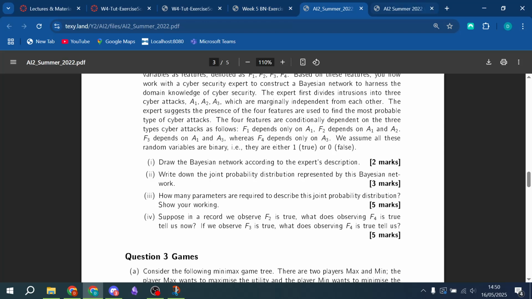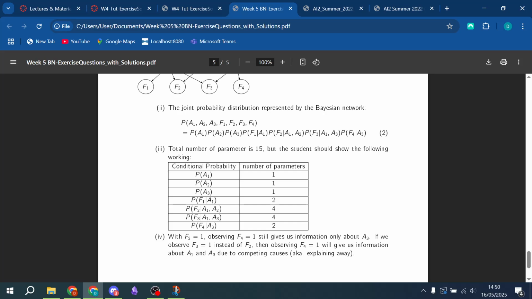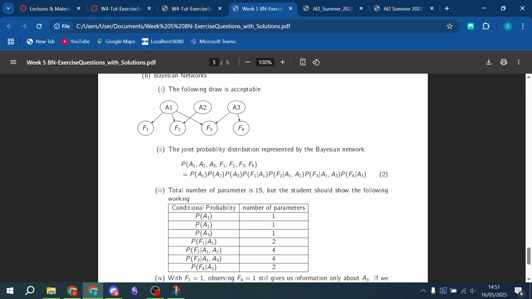But, yeah, I sort of put that. So, with F2 equals 1, observing F4 equals 1 still gives us information only about A3. I don't get that. Surely observing F4 as 1 always just gives you information about A3. Surely observing this will never tell you anything about these two.